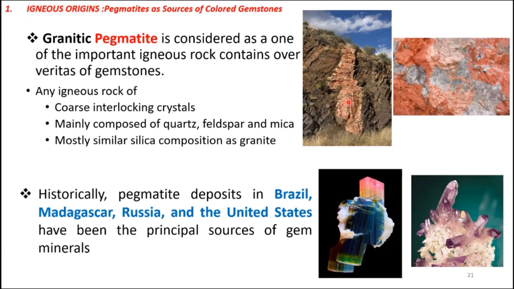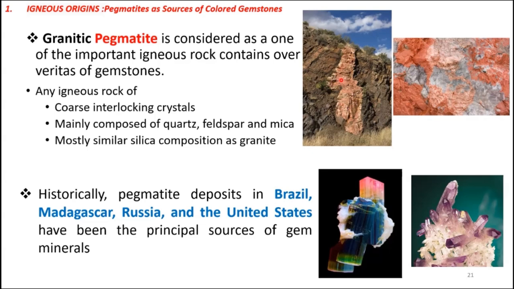There are some minerals in this granitic pegmatite that are rare earth element bearing. I hope you are familiar with rare earth elements. Some of the minerals rich in rare earth elements are available with this pegmatite. Sometimes there are pegmatites that contain energy minerals.